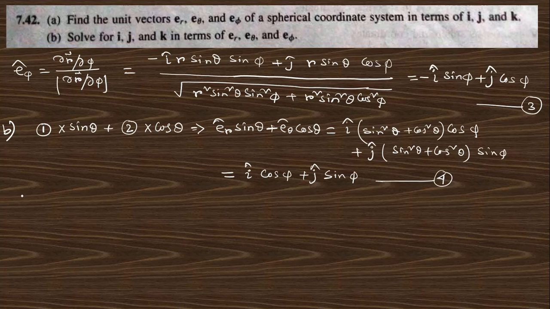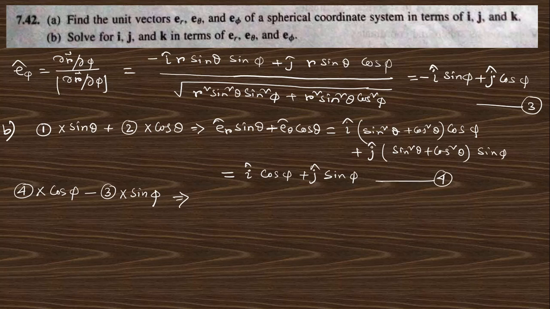Now if you multiply 4 by cos phi and multiply 3 by sin phi, the sin cos terms cancel out.